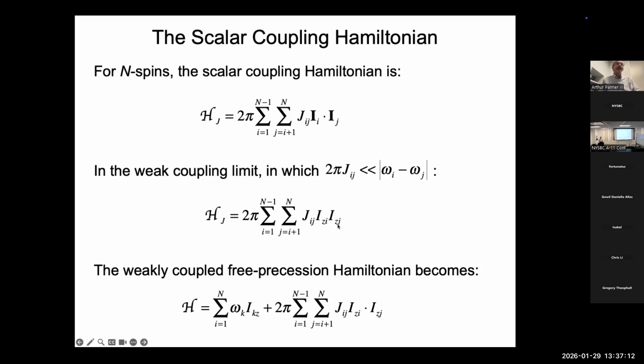So for example, if we have a proton-proton coupling, say it's 3-bond proton-proton coupling between the amide hydrogen and the alpha hydrogen. Those maximally get to be about, let's say, 12 hertz. And then what's the frequency difference between an alpha hydrogen and an amide hydrogen?